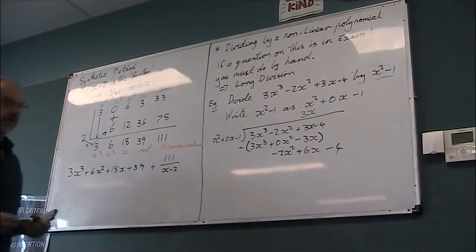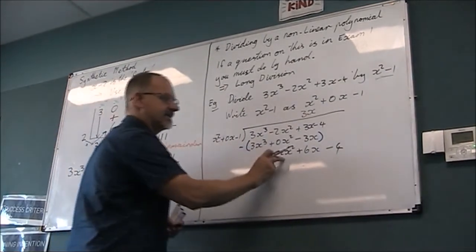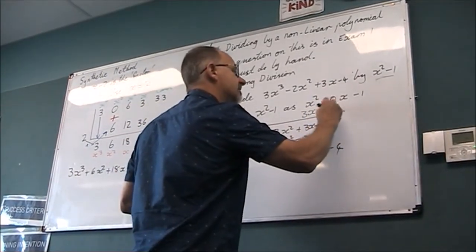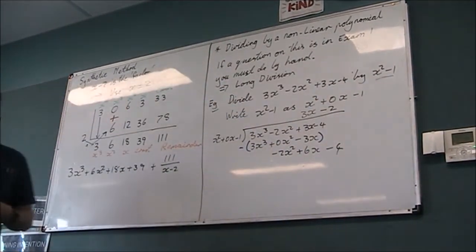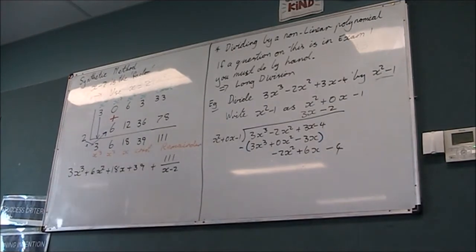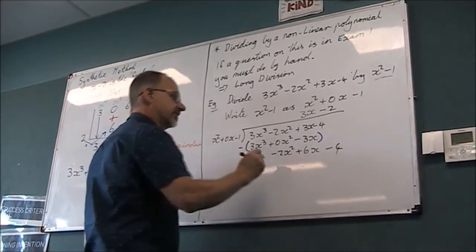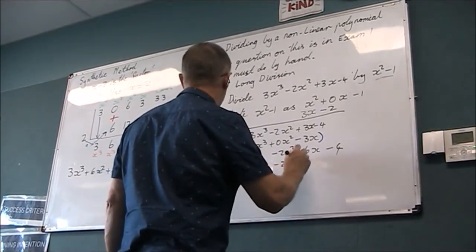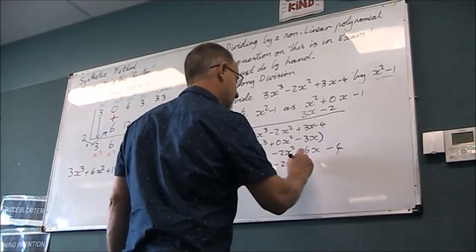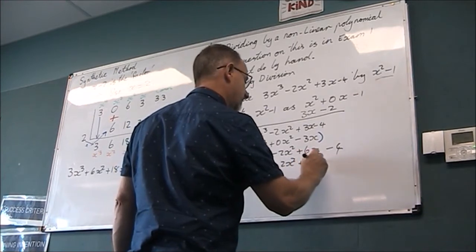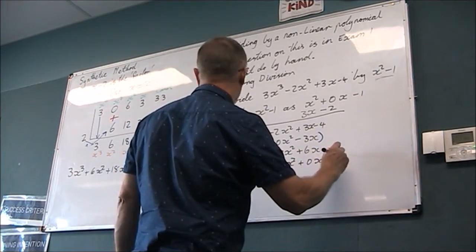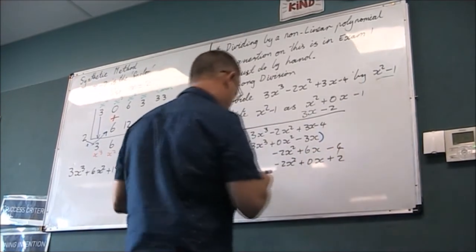So the next step, start with the x squared again. So to get minus 2x squared, we just need to multiply it by negative 2. And then the minus 2 by each of those. So minus 2x squared, plus 0 lots of x, plus 2.